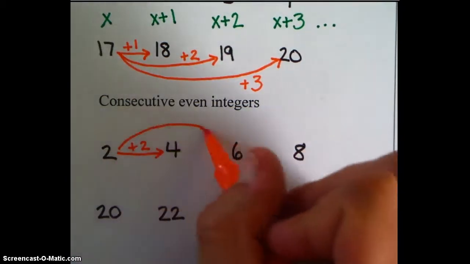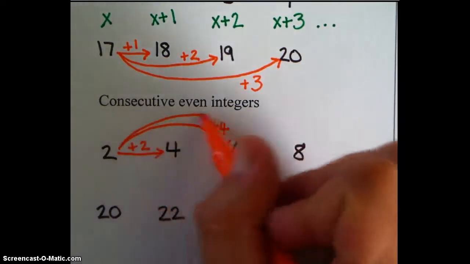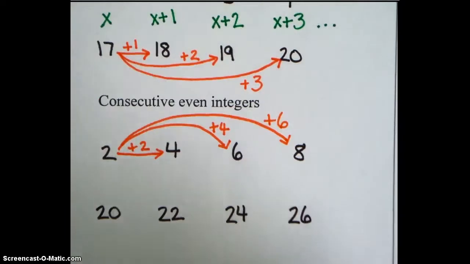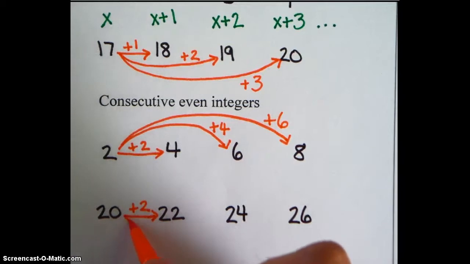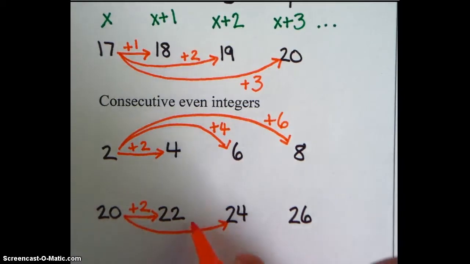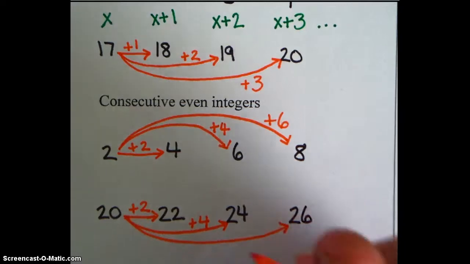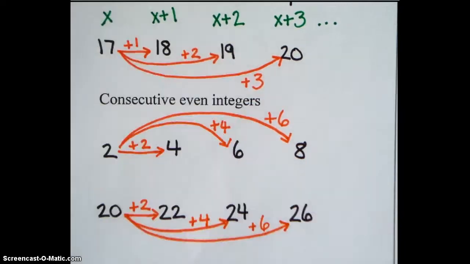To get from 2 to 6, we need to add 4. And to get from 2 to 8, we need to add 6. Let's check the bottom series. To get from 20 to 22, we need to add 2. To get from 20 to 24, we need to add 4. And to get from 20 to 26, we need to add 6.